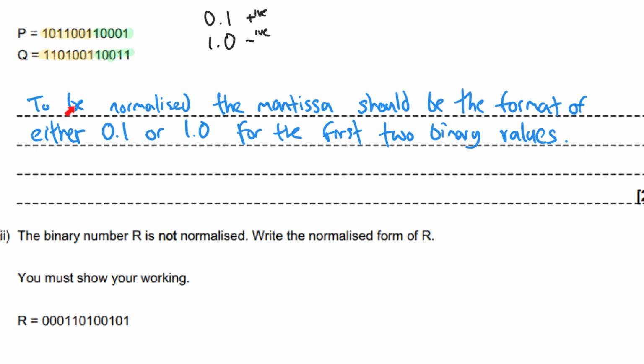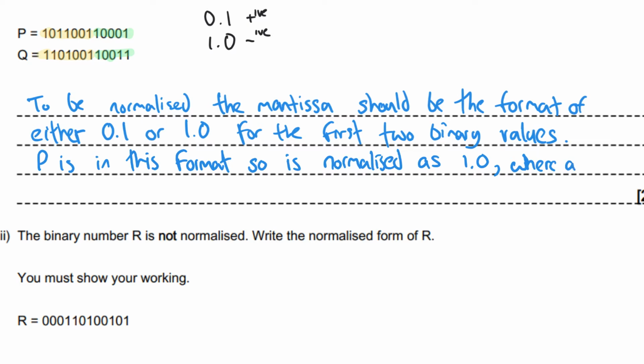So we can say to be normalized, the mantissa should be in the format of either 0.1 or 1.0 for the first 2 binary values. P is in this format, whereas Q is 1.1, which is not normalized.